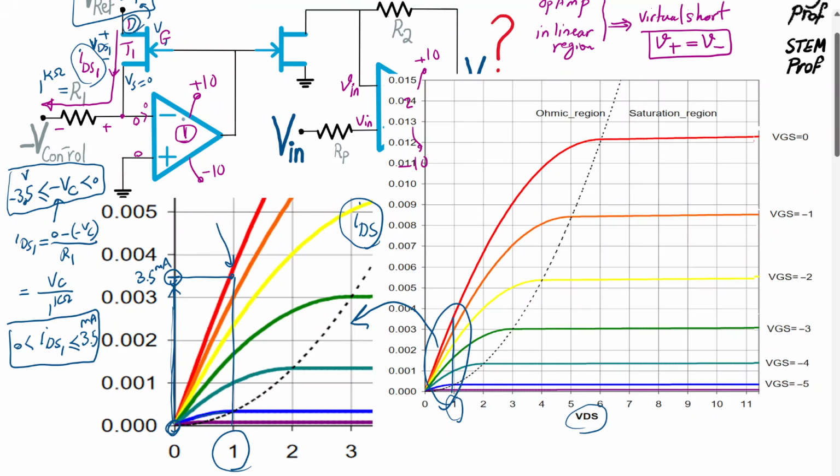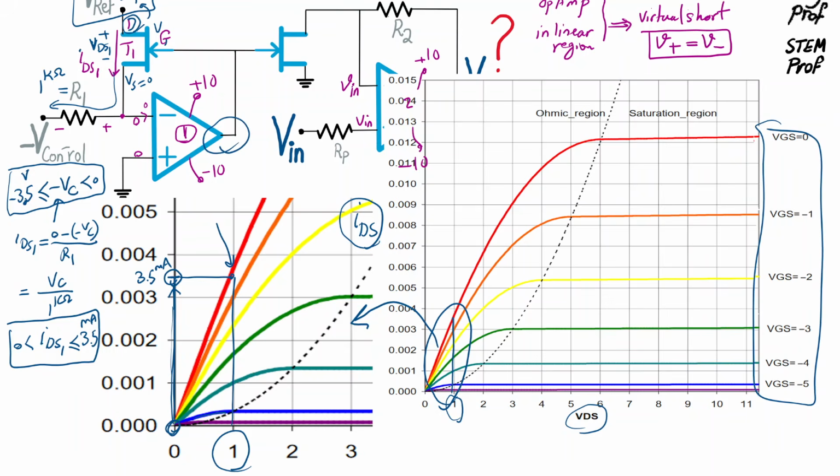So op-amp will feel that depending on what current IDS1 is being enforced by the value of V control, op-amp is obliged to set the output properly, which means V-gate properly, and therefore set the VGS in a negative fashion so that the expected current is supported for the drain source.